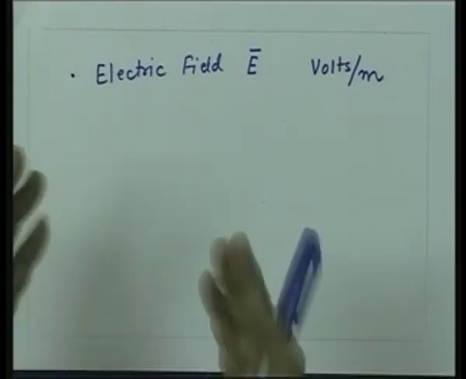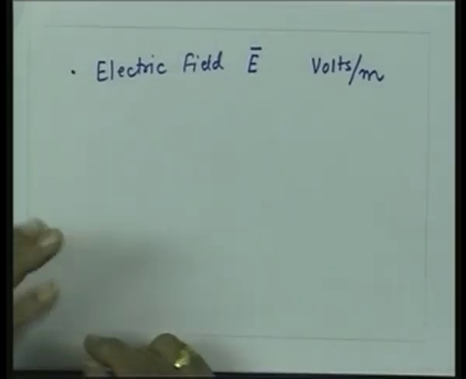Then we have a medium property, that if I measure the electric field in, let us say, vacuum, I will get certain force. If I measure the same thing and if I change the medium parameter to some other dielectric, then the force will change.